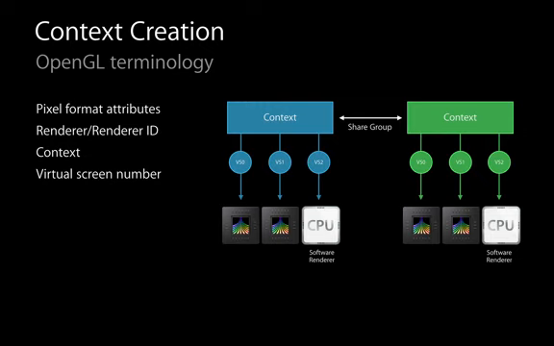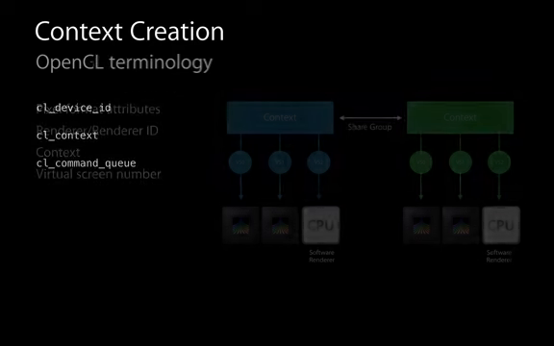You would obtain a share group from the first context and use that to communicate with the second context. So a share group in OpenGL terminology, in CGL terminology, is this entity that lets you bridge 2 OpenGL contexts. And that's important because, as we'll see in a second, we can also use that share group to communicate objects and state between OpenGL and OpenCL.